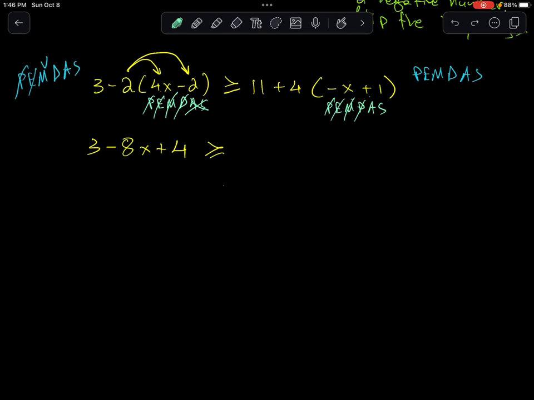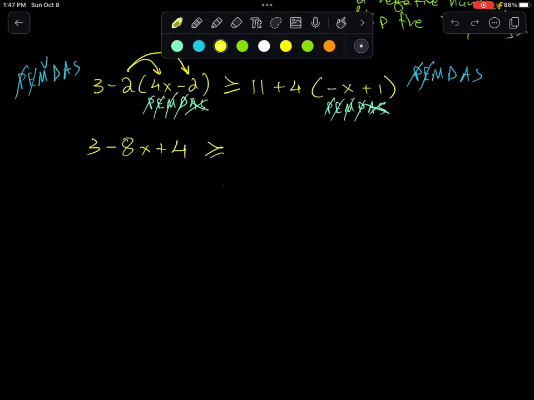Yes, but x and numbers cannot be added or subtracted. They are not like terms, so I don't have addition, subtraction. Therefore, on the right I can't do parentheses. Can I do exponents? Are there any exponents? No. Multiplication? Yes. It's 4 times a parenthesis. That can be done. So I will do the multiplication on the right.